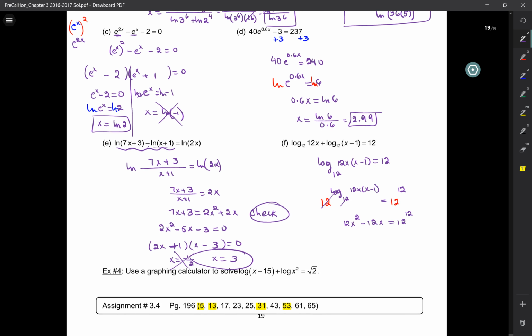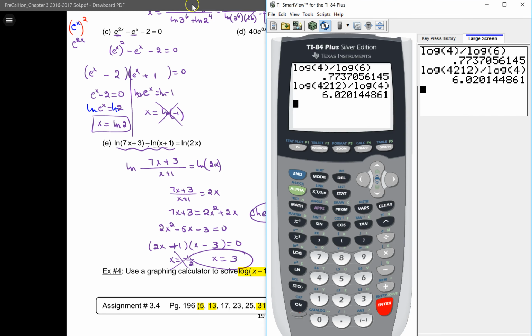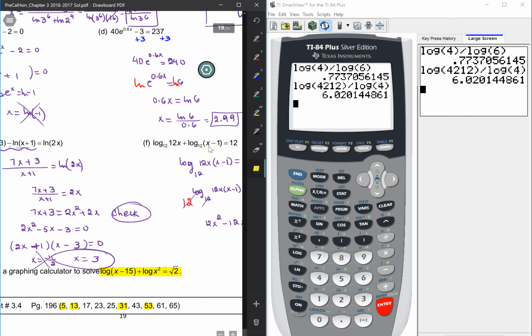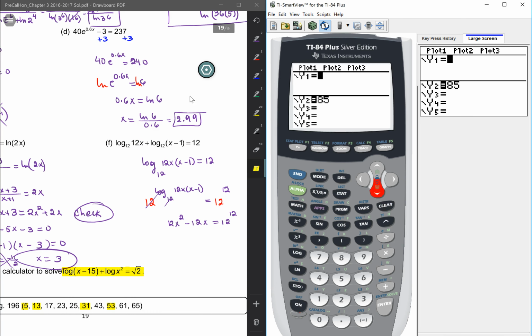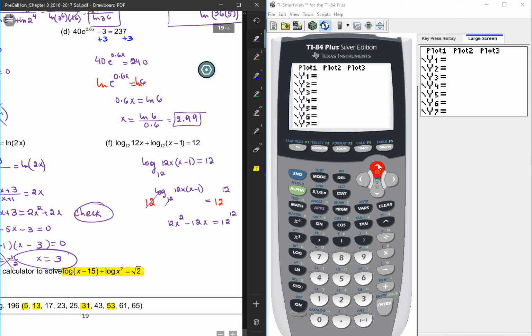Let's go on to this next one. Well, it says to use a graphing calculator to solve this one. So what I'm going to do is plug this into the calculator. Now, there are several ways you can do this, okay? One way is to plug this entire thing into y1, but to plug it into y1, you would have to bring this over to the other side.